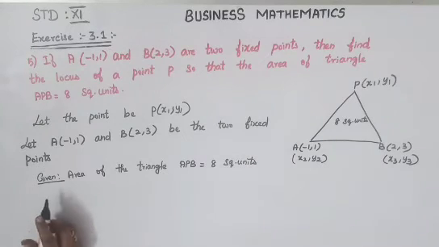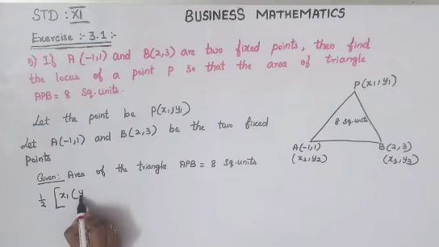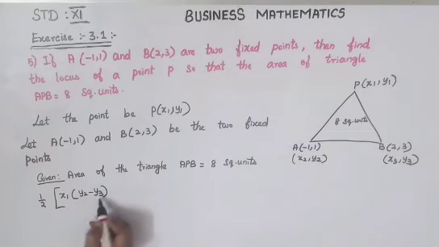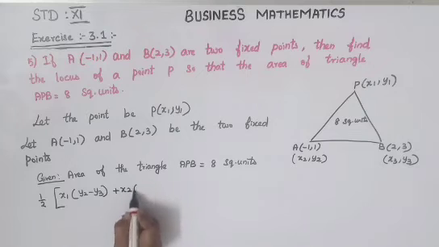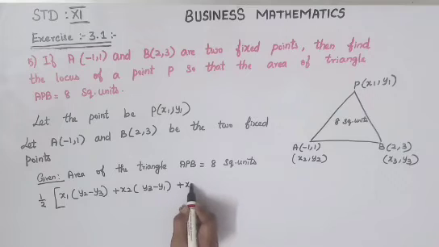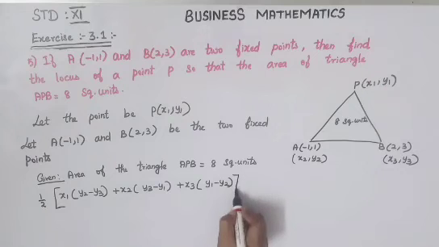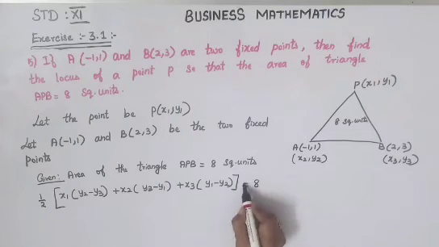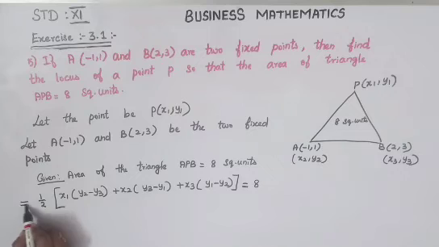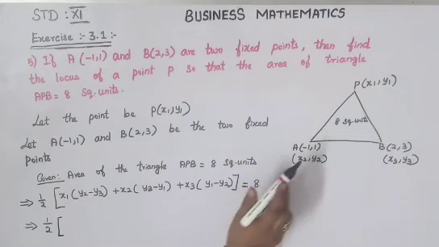So the area of the triangle formula is 1 by 2 into x1 into y2 minus y3 plus x2 into y3 minus y1 plus x3 into y1 minus y2, which is equal to, they have given 8. Okay, so this formula we would have studied in area of a triangle even in 9th standard and 10th standard. Okay, so now substituting 1 by 2 into x1 as it is.